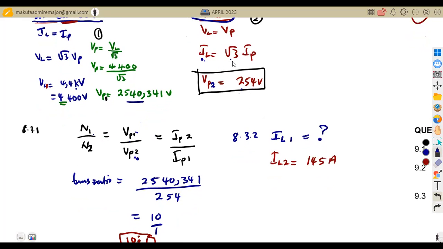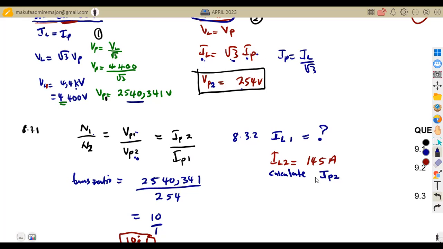So we are going to calculate the phase current from the formula of line current equal to square root of 3 times phase current. First, the phase current for the secondary. The phase current is simply the line current divided by the square root of 3.